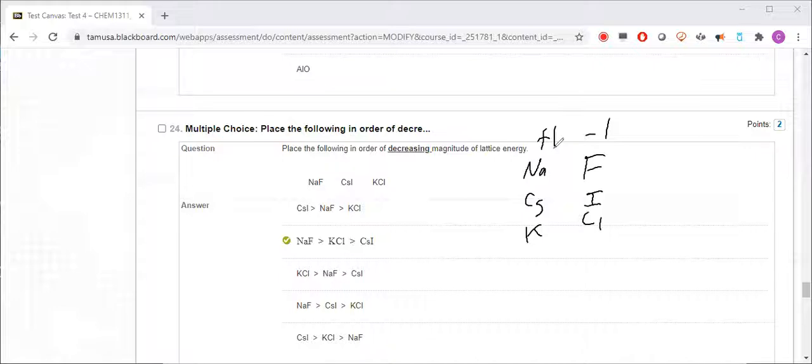So usually for this, the more negative or positive you are, the bigger the lattice energy. We're dealing with the same charges. So we have to go on size now. So the smaller you are, the bigger the lattice energy. So our smallest combination is NaF, followed by KCl, then CsI. So the smaller you are, the more negative your lattice energy. So that's the correct answer there.